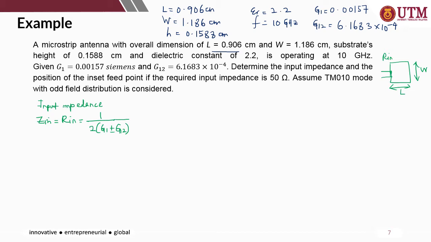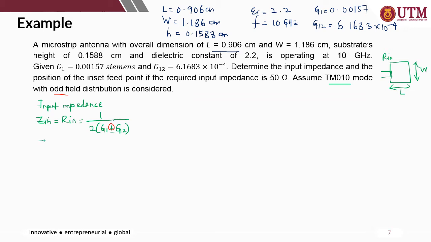Alright, and it is assumed that it is in TM010 mode with odd field distribution. So the plus minus sign here, positive is when it is odd distribution, and negative when it is a symmetrical distribution. Okay, so in this case, it is mentioned that it is odd field distribution, so you need to consider the plus sign.